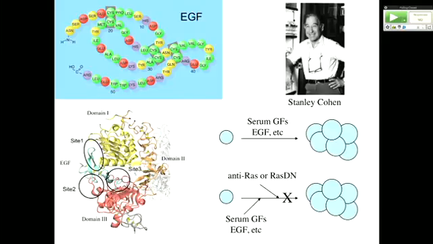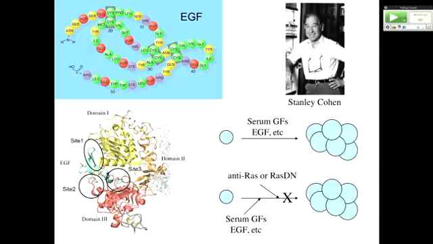Were they part of the same pathway? And to answer that is the same way we've answered all the other ordering issues, and that is we know that if we add the growth factor to cells, they'll divide. If we add the growth factor to cells and block RAS function, will that block the growth factor-induced cell division? And the answer is yes.